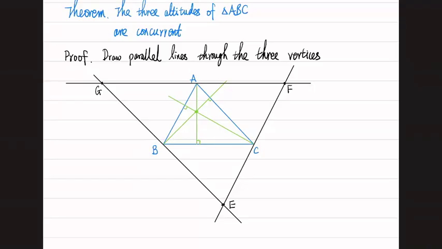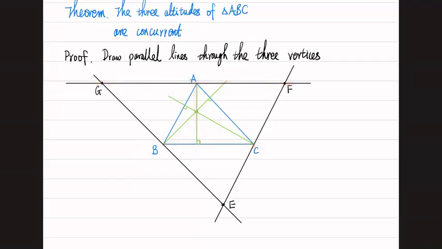Okay, now let me ask you, if these two lines are parallel, this is perpendicular to BC. What can we say about this line to FG? It should be perpendicular to GF as well.